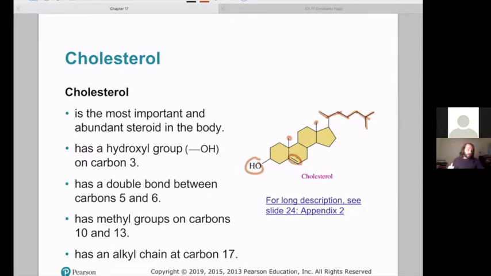So for example, guys will have their cholesterol being transformed into testosterone in large quantity, whereas females will have their cholesterol being transformed into estrogen in large quantities. And those two different steroid molecules are going to signal very different development patterns for males and females, right? So cholesterol is the base. It's the building block for all the other steroids that your body's going to need.